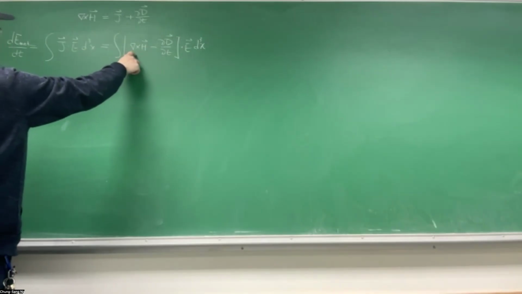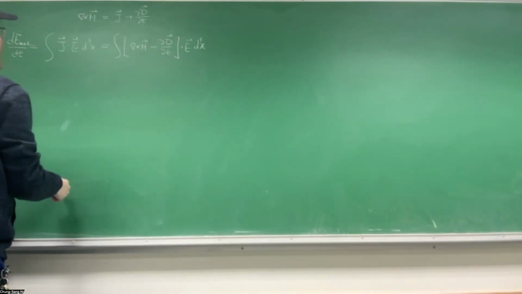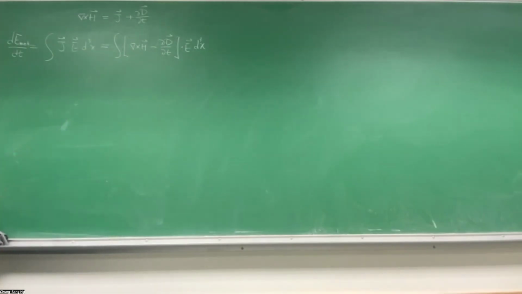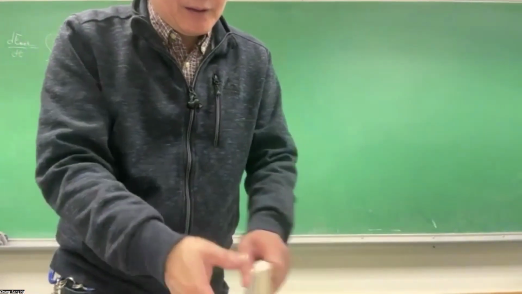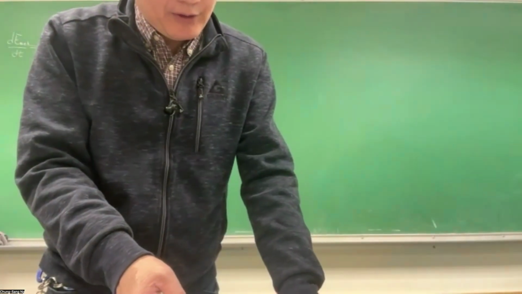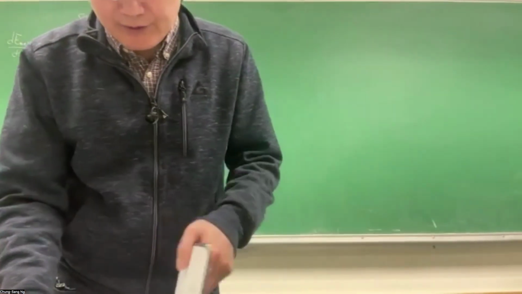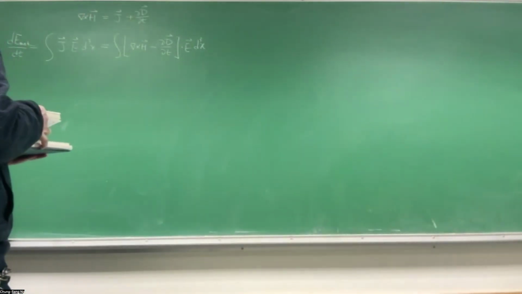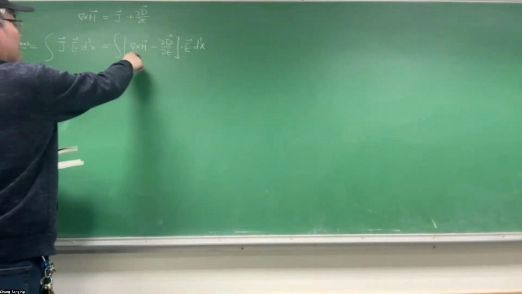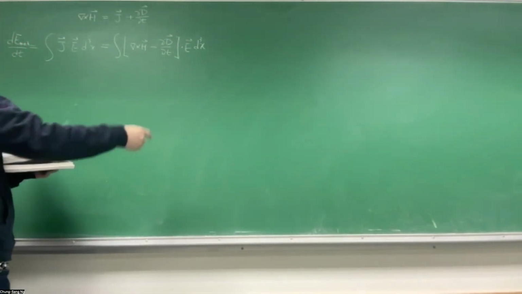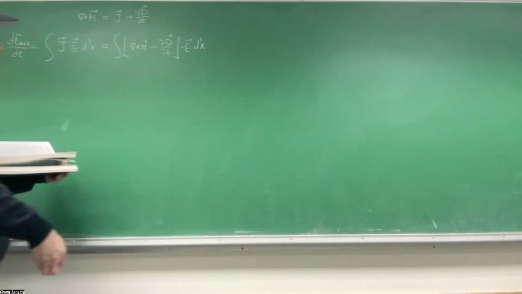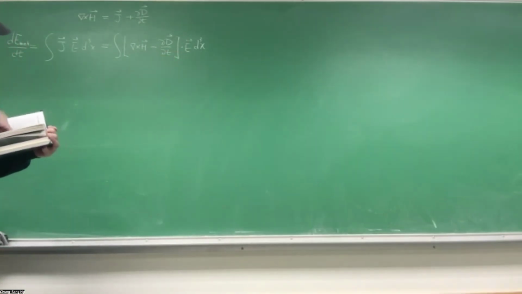For this term, you have curl H dot E, and what you want is a total derivative. Later on it will become a divergence, and you can look up a vector identity that has a total derivative, and one of the terms will be curl H dot E. The formula obviously doesn't need to be E and H, any vectors you define.